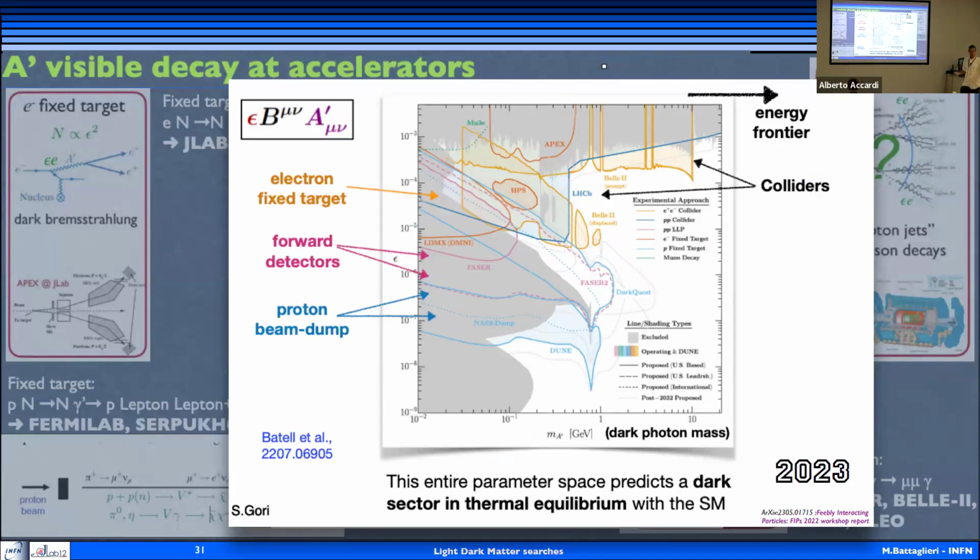So remember, I showed you at the beginning this plot that was empty. Now, after 18 years, people have looked back at the data already collected, reinterpreted and recast it in these variables, or run experiments specifically to exclude the region. And this is where we sit now. It's fully or significantly excluded. Again, there are regions where you may still have a possible signal, but the covered area is strongly suppressed.